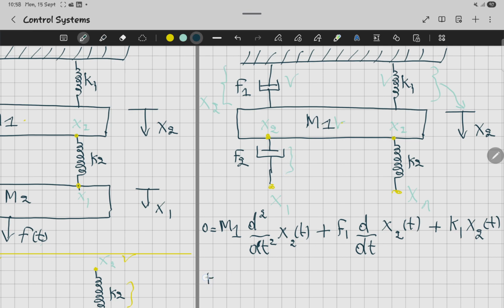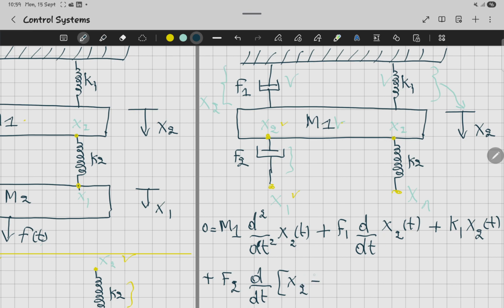It's going to be for f2. We're going to present f2 with the first derivative. We start with x2 minus x1, because we give priority to the one that is inside the mass, x2.